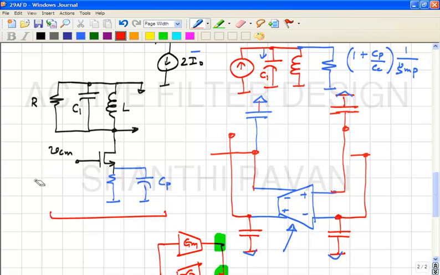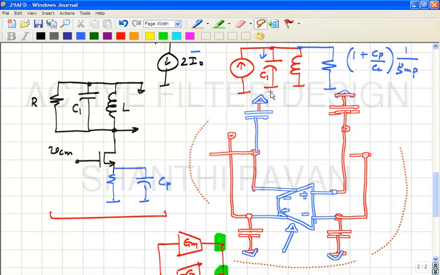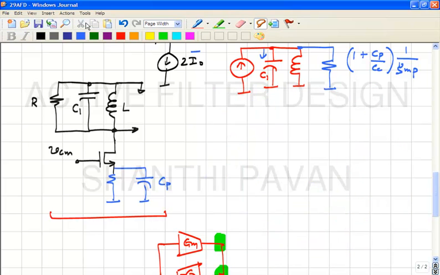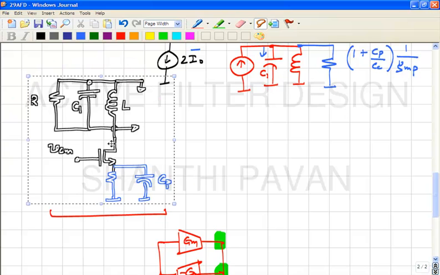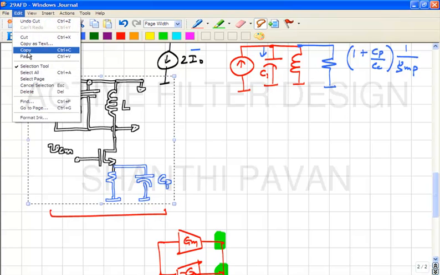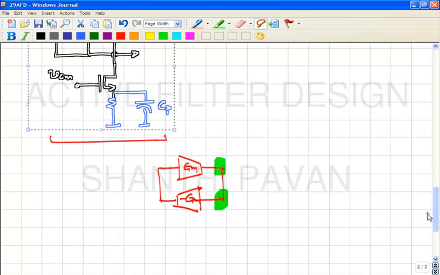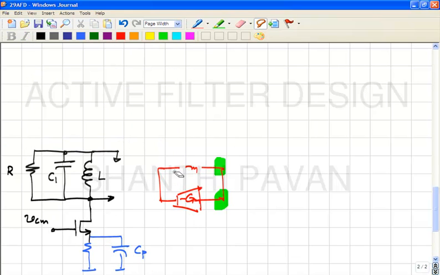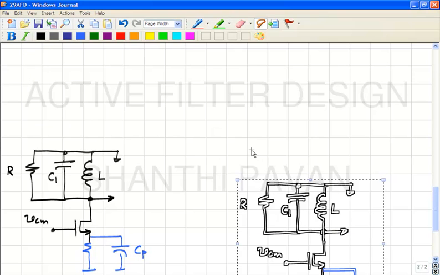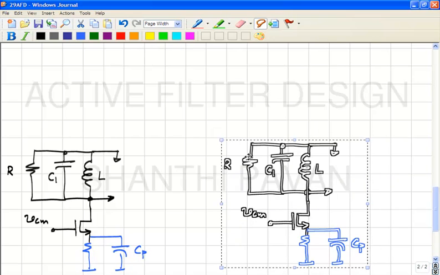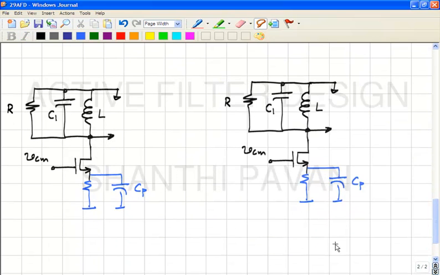So this is the common mode equivalent of one gyrator. This is the second gyrator, correct?